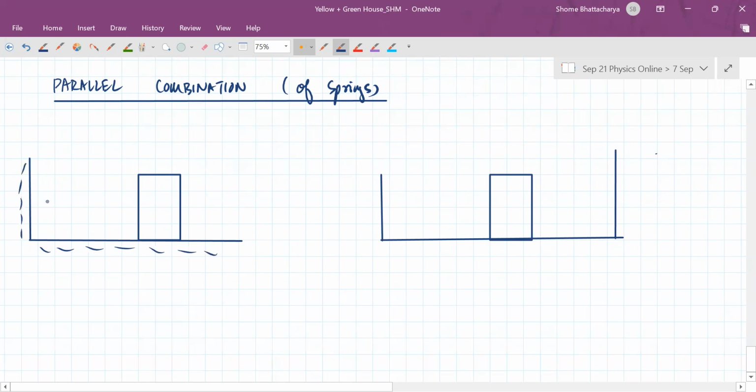There is a combination of springs attached from the same side, attached between the same wall and the same object. So this would be a parallel combination.